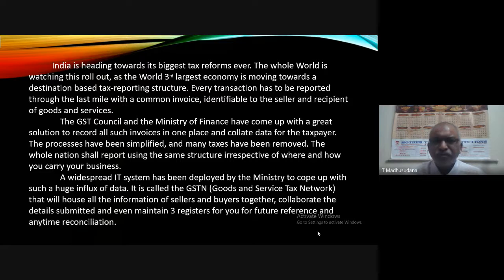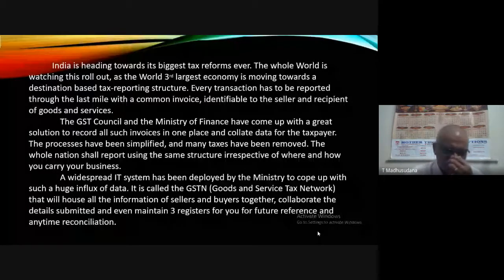Now, as a part of the IT system, all the traders, buyers and sellers have to upload all their information in a single network, that is the Goods and Services Tax Network.